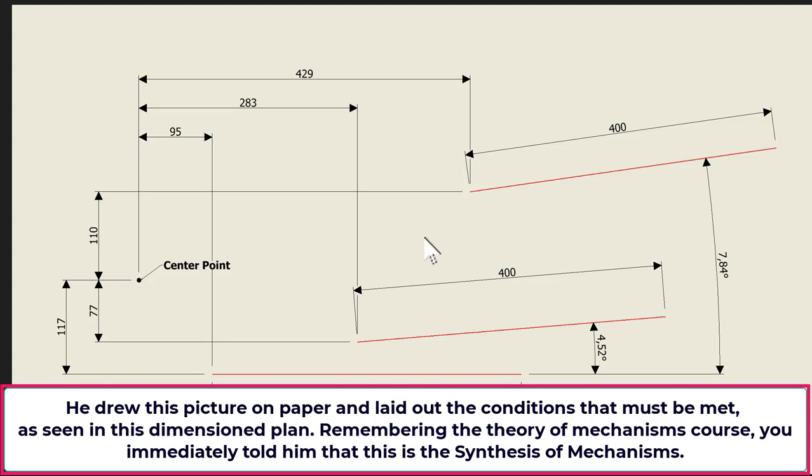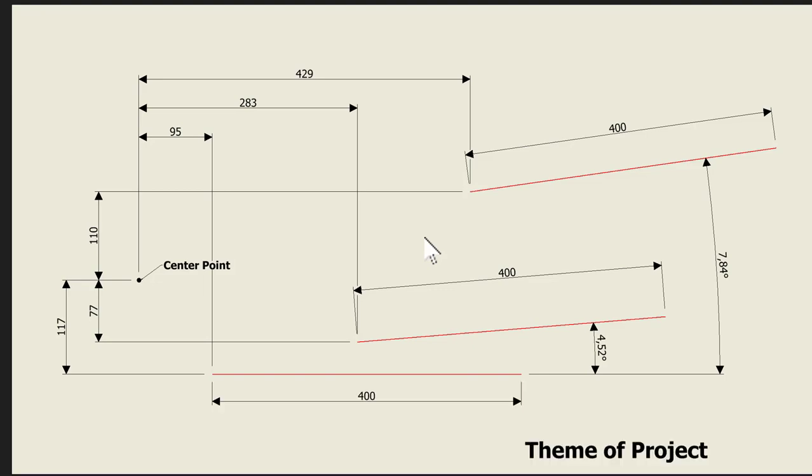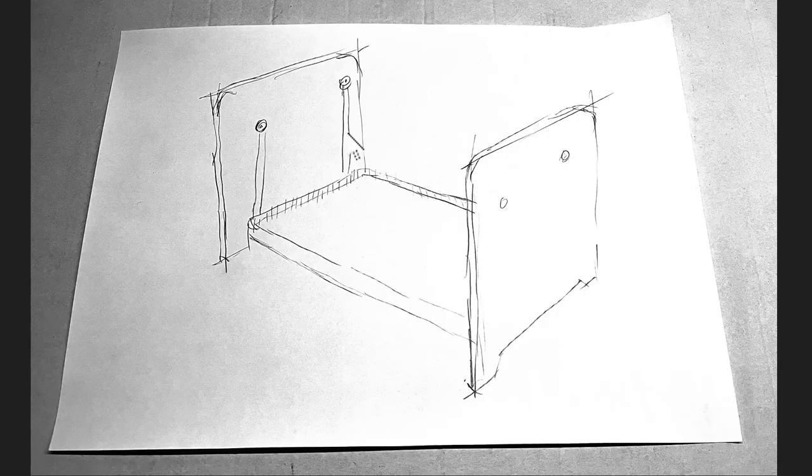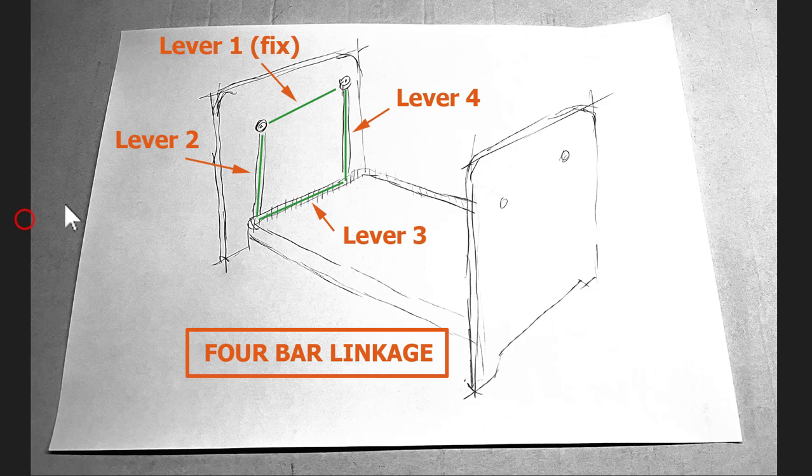Remembering the theory of mechanisms course, you immediately told him that this is the synthesis of mechanisms. More than this, you made it clear to the boss that this is a 4-bar linkage, as in this picture.